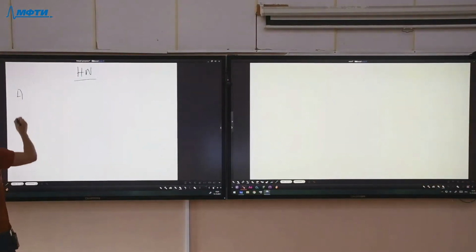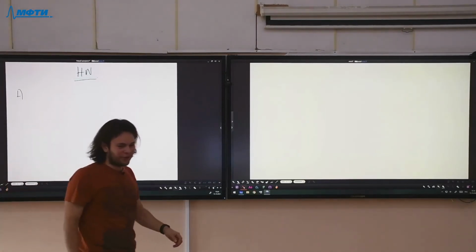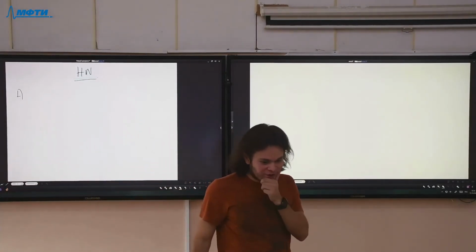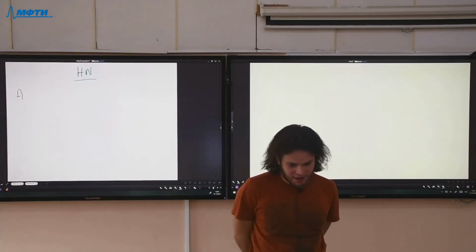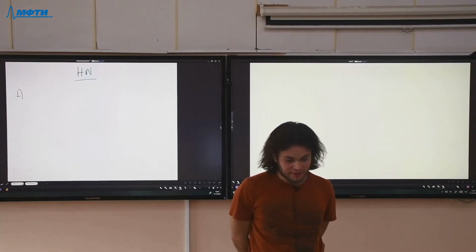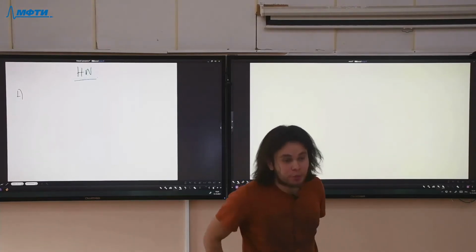So the first exercise, what do we have here? We have some CDF, right? And we need to find the PDF, and some probability.